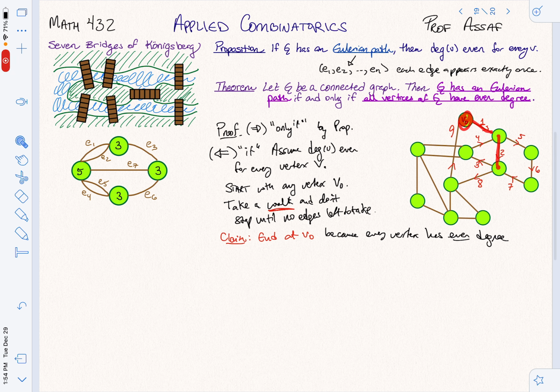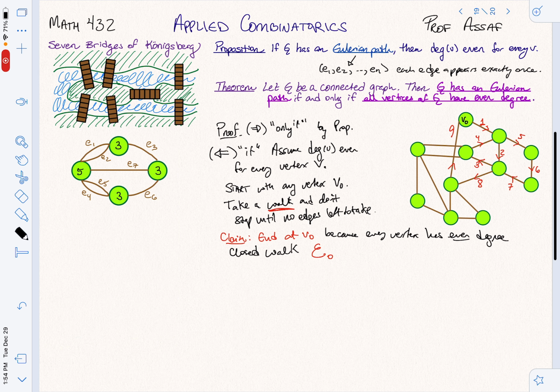But when I leave it, that's my second edge. So there's always going to be, after I've visited a vertex, except for V0, once I've visited a vertex, there's always an even number of edges left, which means that I can come in and go out. Come in and go out. So that means that I'll definitely end. So I'm going to end up with a closed walk, and let's give it a name. Let's call it C0.